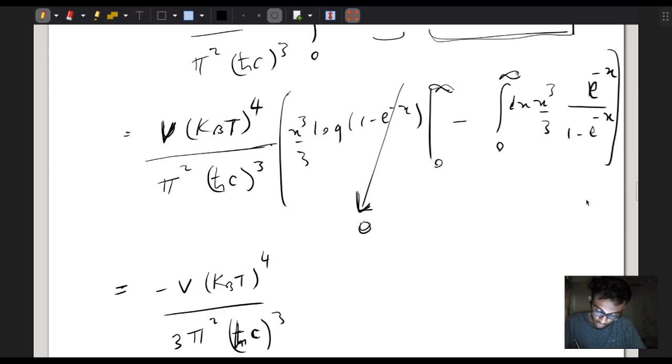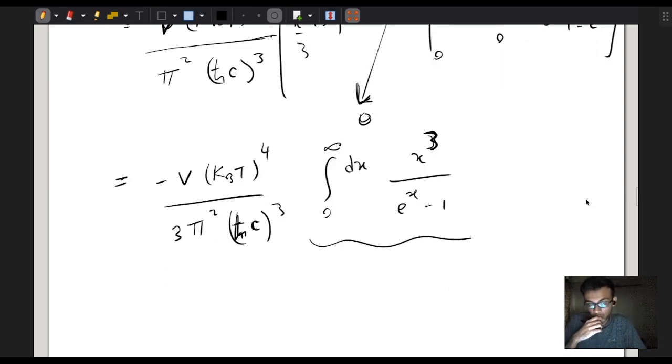And finally, this integral is nothing but G4 of 1 times gamma 4. So gamma 4 is 3 factorial, 6. So it is 6 times Riemann zeta of 4.